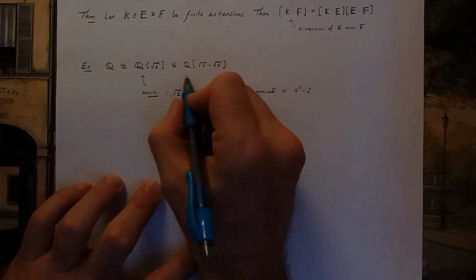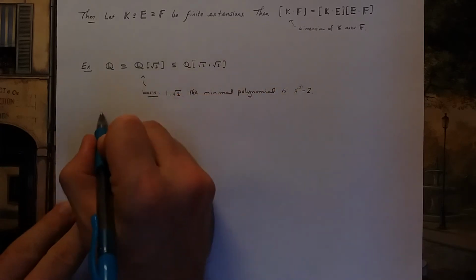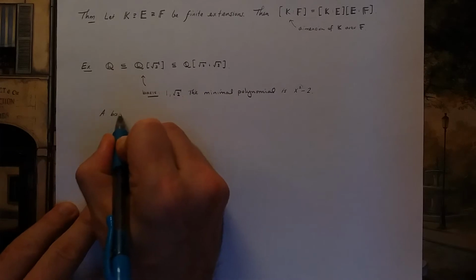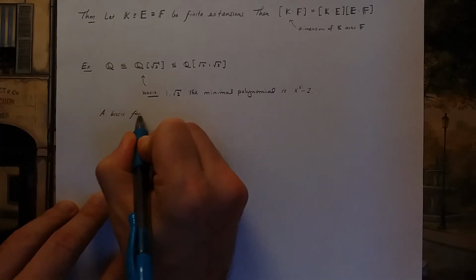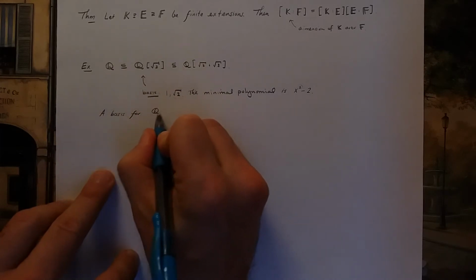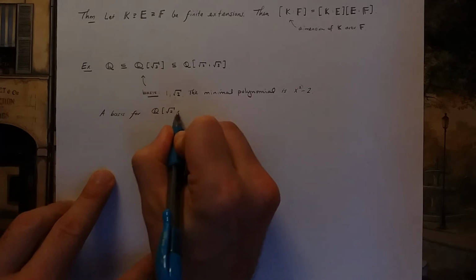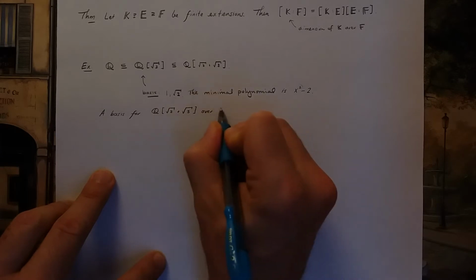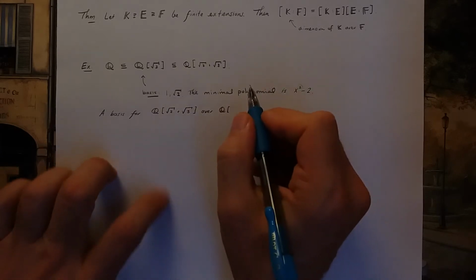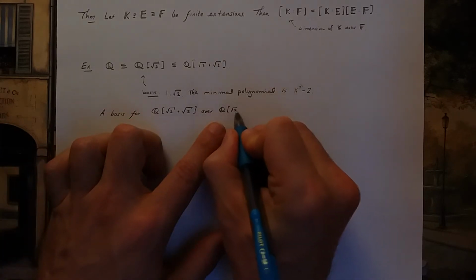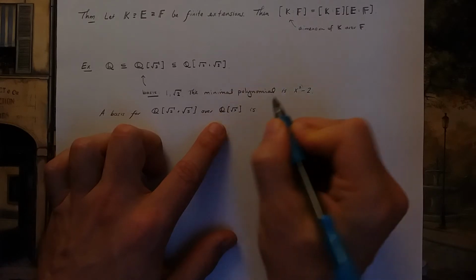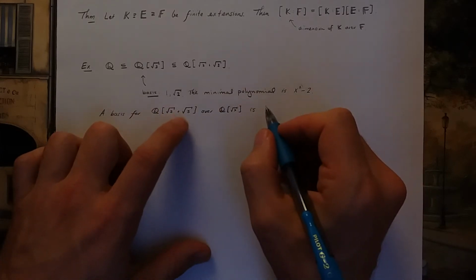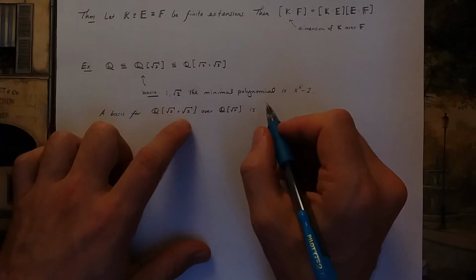Now, a basis for Q square root of 2 plus square root of 3 over Q square root of 2 is this element and 1.